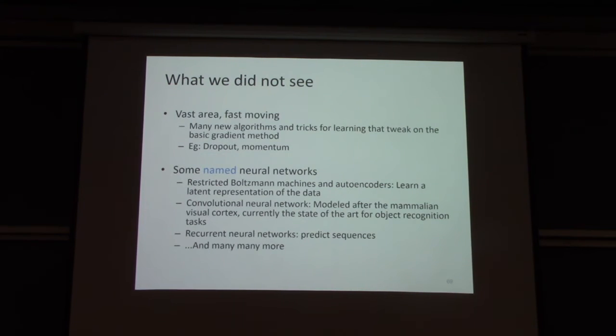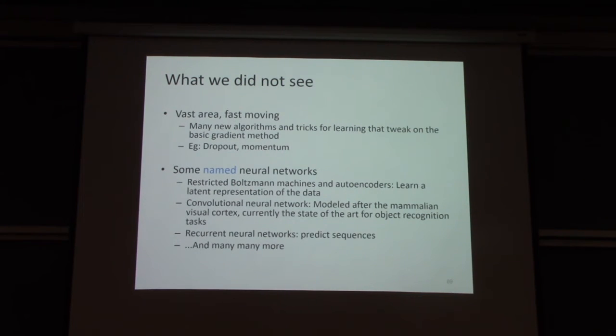There's a competition called ImageNet, a yearly competition where teams across the world compete for bragging rights about how well they can identify objects in images. Until about 2010 or so, the best methods were based on a variant of a support vector machine, a structured support vector machine actually.